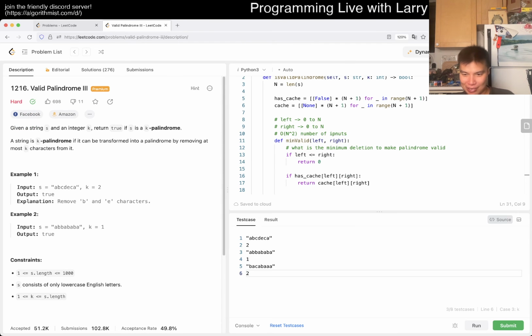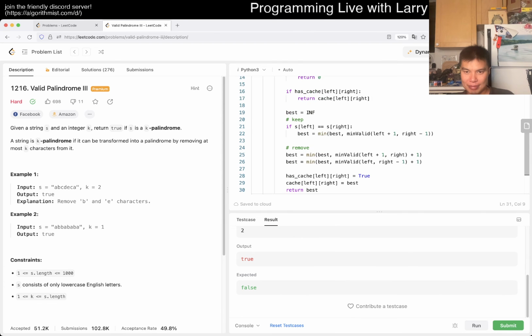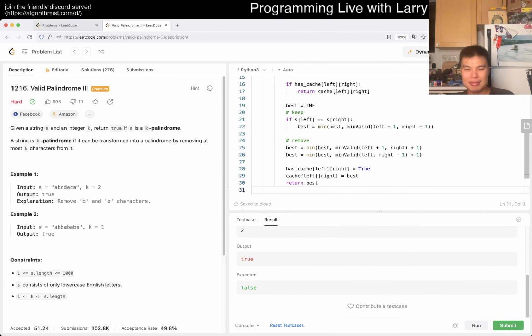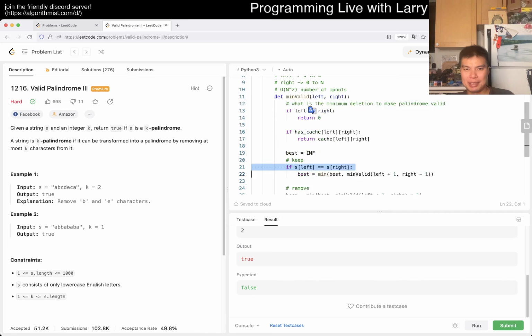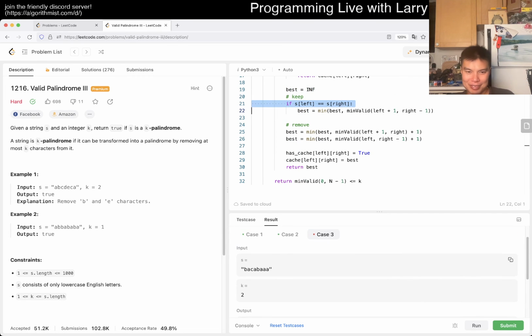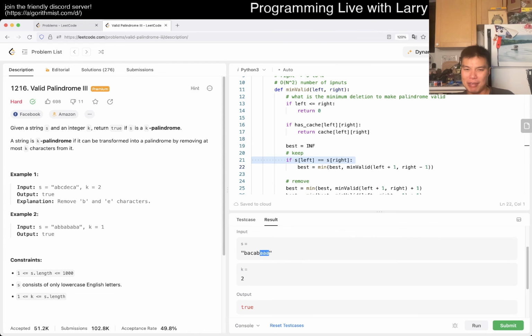But why is this wrong? Did I mess up some indexing? So I returned this as true, but this is false. Why is it false? How did I get true? Do I have an off by one? Maybe I have an off by one.